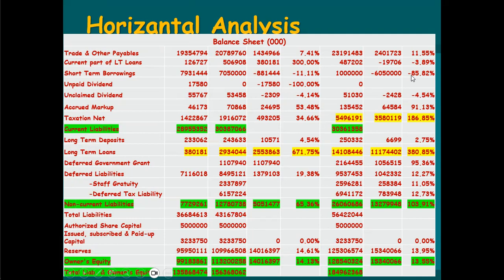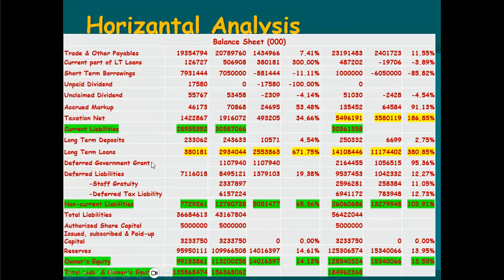It is maybe because of the payment of the loans. Now, in case of our taxation, you can find a significant change of about 87%, and you will have to find the reason why the net tax amount increased by so much.